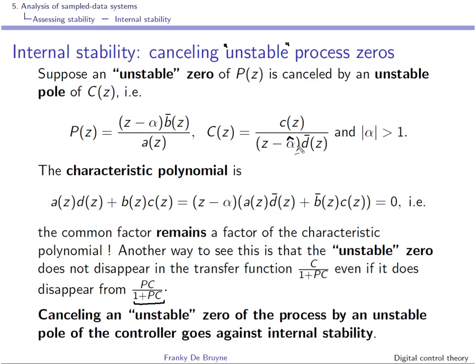So in practice, this alpha hat here, this estimate of alpha, will never be exact, so the cancellation will never be perfect. So even in this transfer function over here, you'll have problems, and this transfer function in practice will become unstable as well. So in your design, never cancel between quotes unstable process zeros, and never cancel unstable process poles.